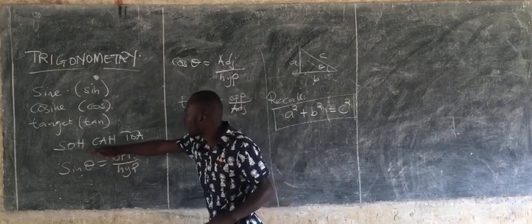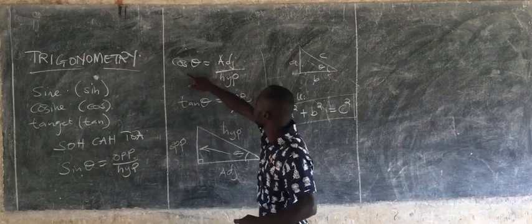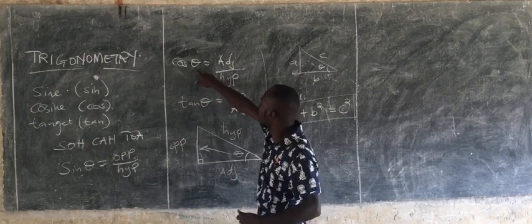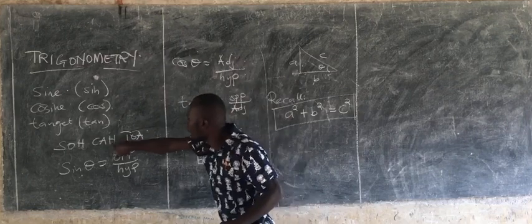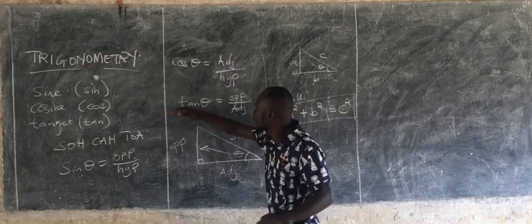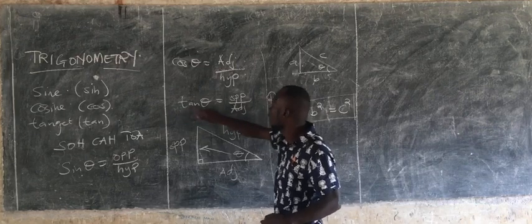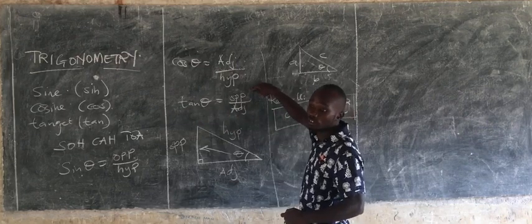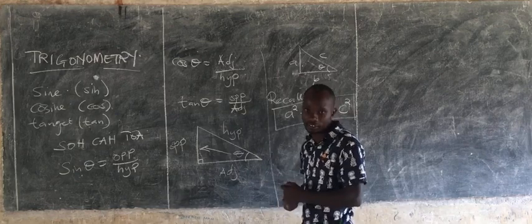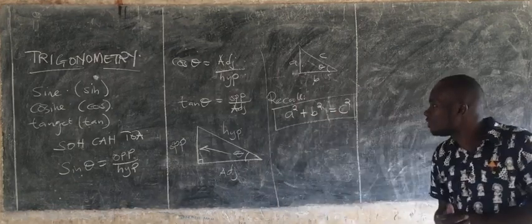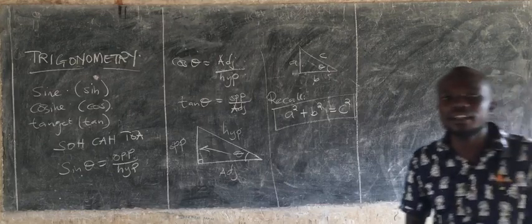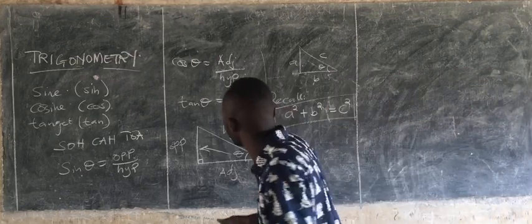And then we can see that our cosine, which is cos of an angle theta, will be given as the adjacent divided by the hypotenuse, and the tangent of the angle theta will be given as the opposite divided by the adjacent.